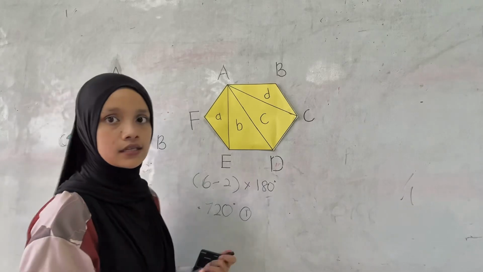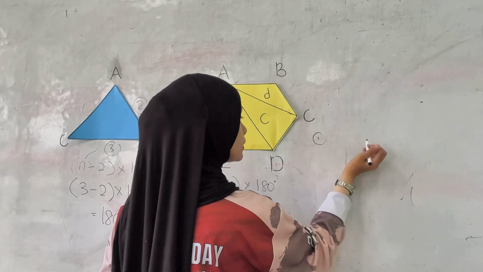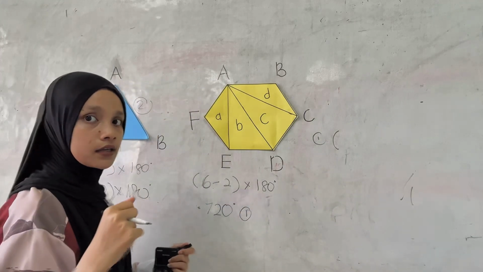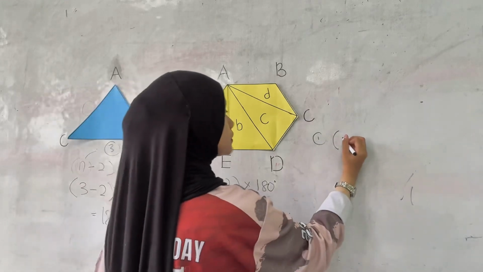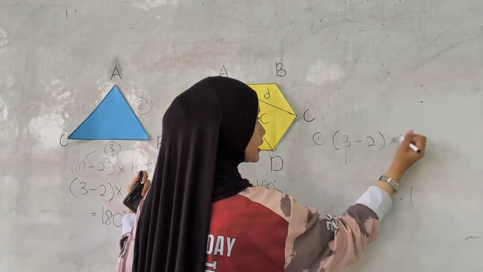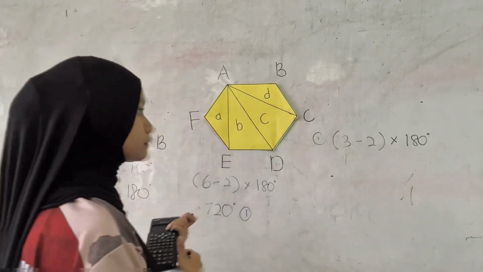We just calculate it like this. For one triangle, n equals 3, so 3 minus 2 multiplied by 180.